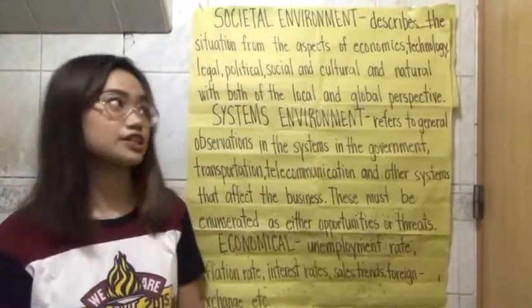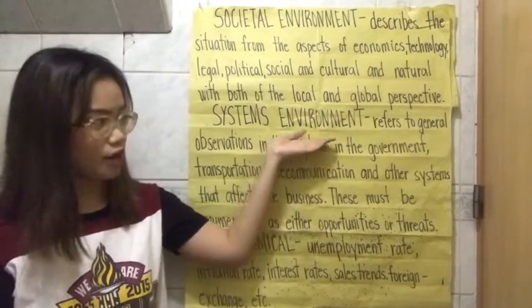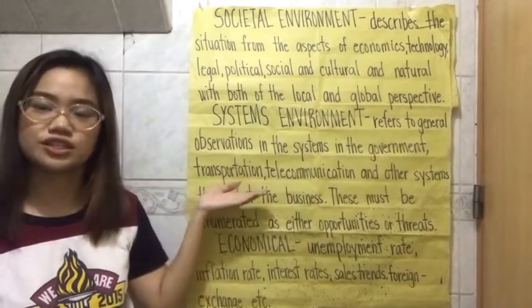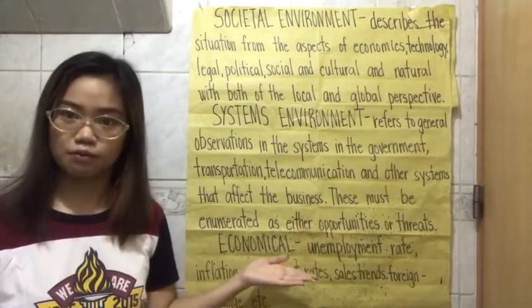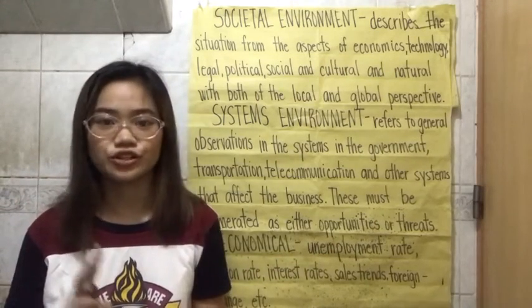So what is the difference between societal environment and systems environment? Systems environment refers to the general observations in the system that affect the business. This is usually categorized as opportunities or threats.